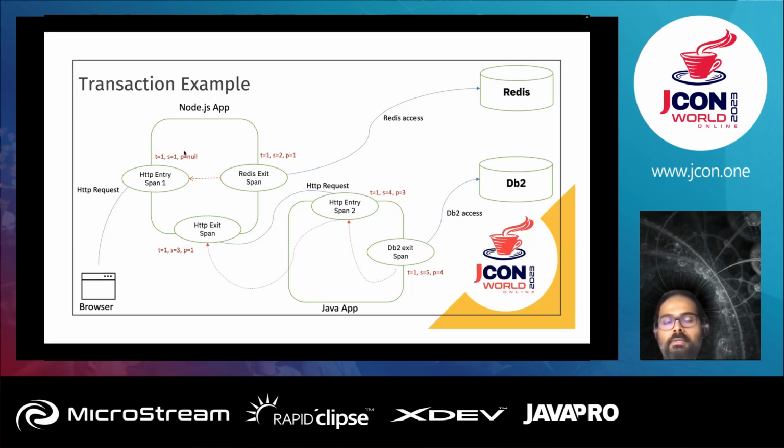It comes back to the exit span here, and now it reaches the entry span. By this time, it has come all the way back to the caller, and now it knows the timestamp and the duration of how much time it took for the response to come. Based on that, we create the span entries. We will get into that in the next slide.